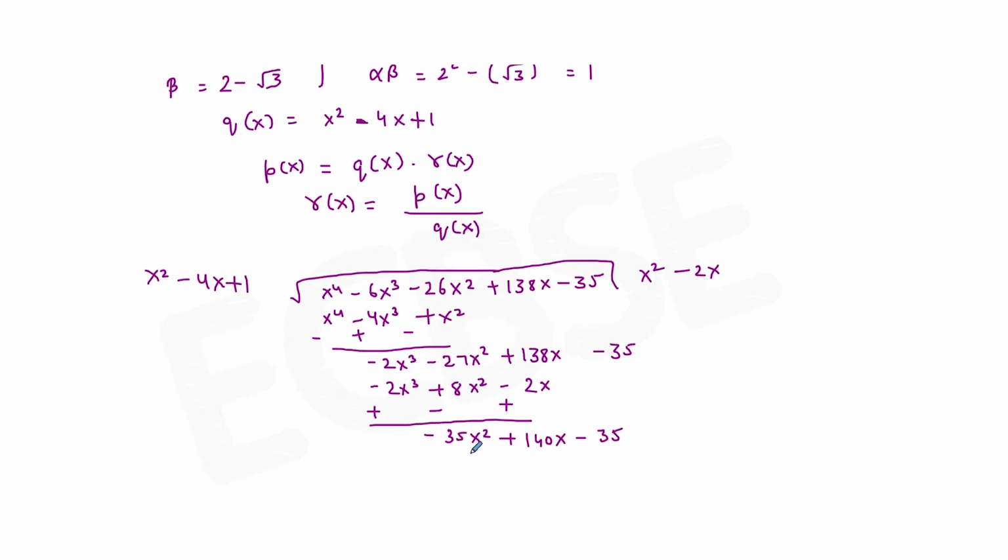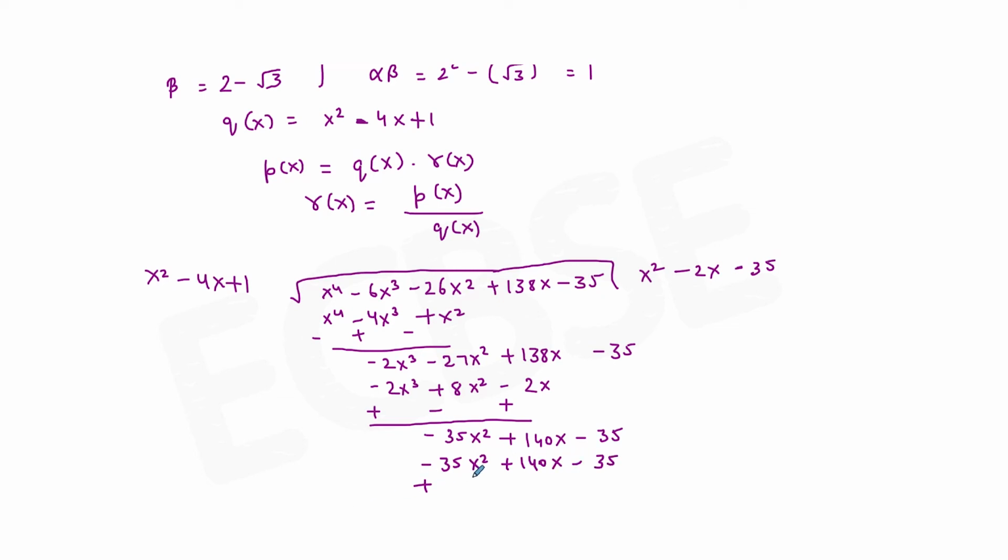Now again, dividing the term -35x^2 by x^2, we get -35. Multiplying -35 with the divisor, we obtain -35x^2 + 140x - 35.